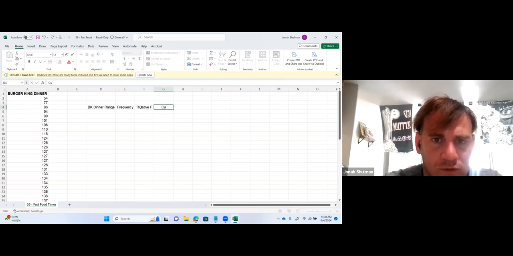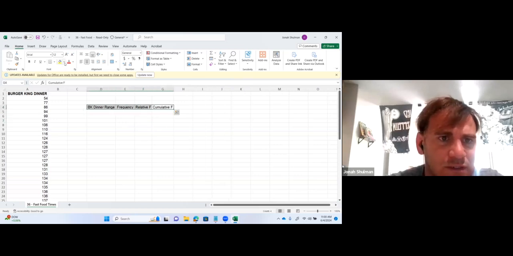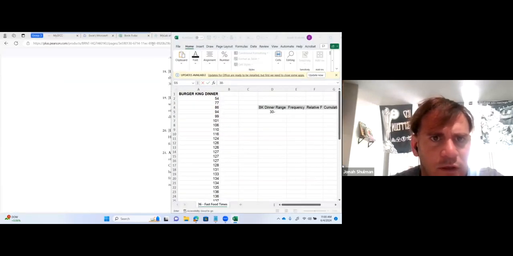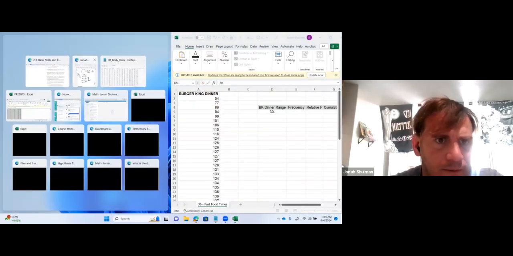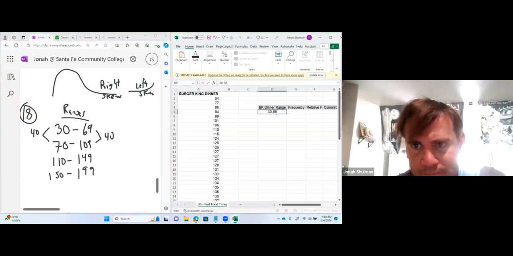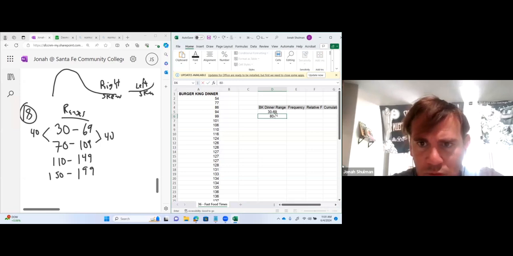We're gonna do cumulative. As usual, I try to make this easier to see for myself. So the first range, they said it was started at 30 to, I don't know, I think I already figured those out, but so 30 to 69. We got 70 to 109.